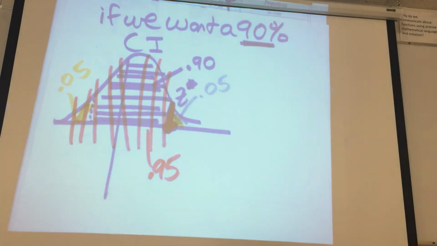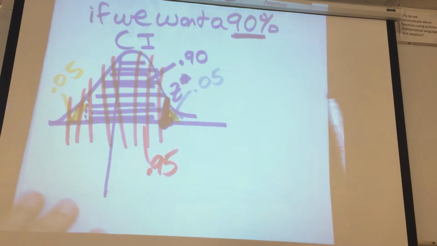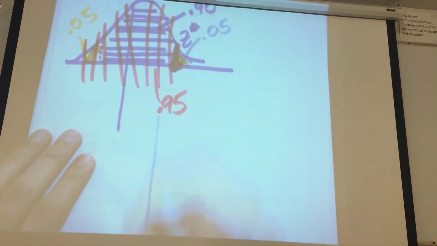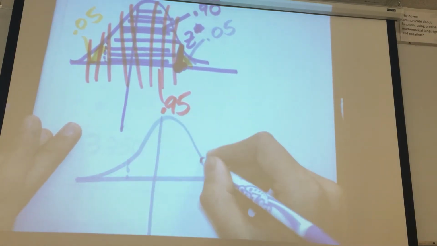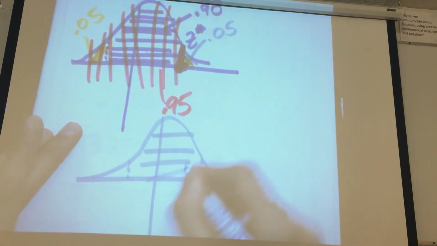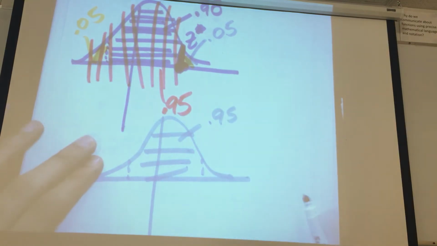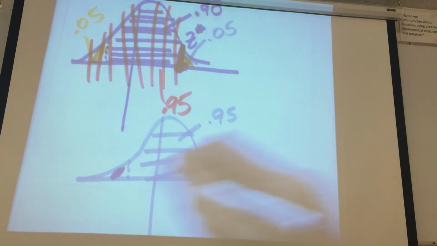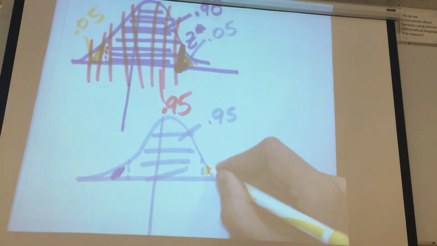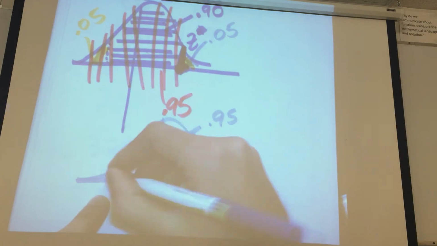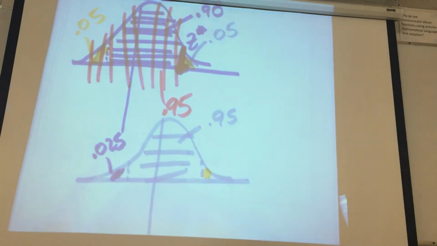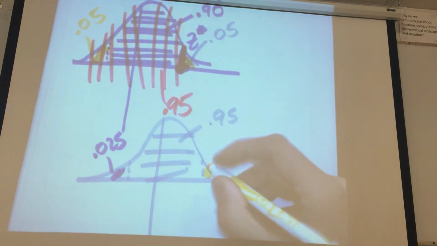Alex? So if you originally wanted 95%, you would have to put 100. No, not 100. Let's take a look. If I wanted 95, so I come here. So from here to here is the 95, right, Alex? Then we have two tails. So how much is here and how much is here? In total, there's 5% on both tails. So each tail has, wouldn't this be 0.025 on each tail, Alex?